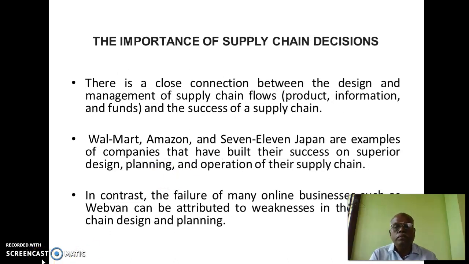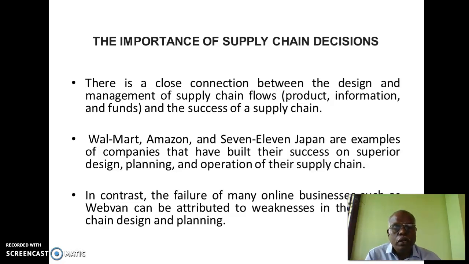So next we see the importance of supply chain decisions. There is a close connection between the design and management of supply chain flows, that is product, information and funds, and the success of a supply chain. We see some examples of supply chain systems.